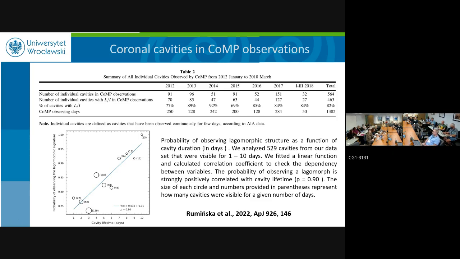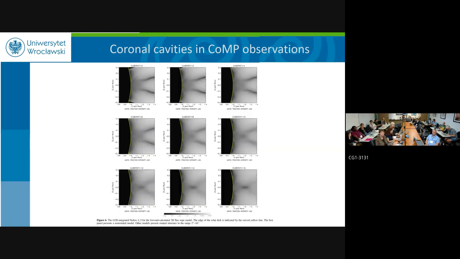Why? One reason could be the quality of data, or, for example, the orientation of the structure. We tried to check how the visibility of the lagomorphic structure depends on the orientation of the structure, and we applied forward modeling once again.